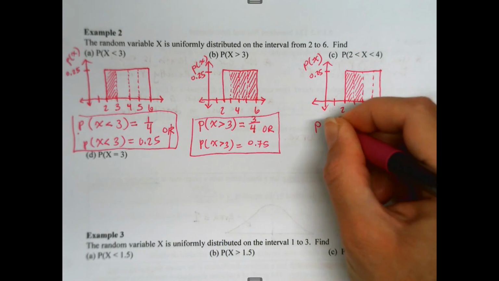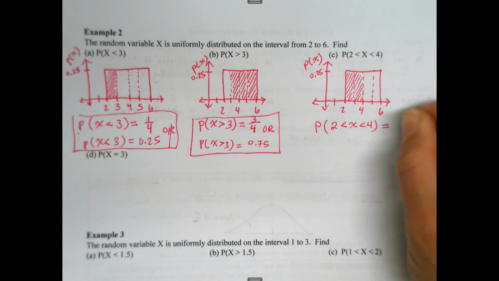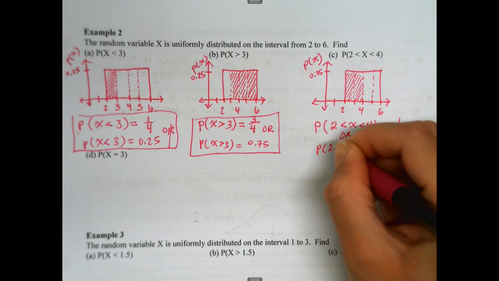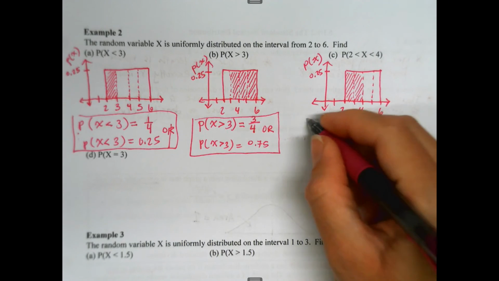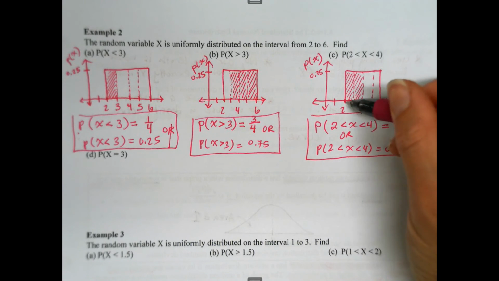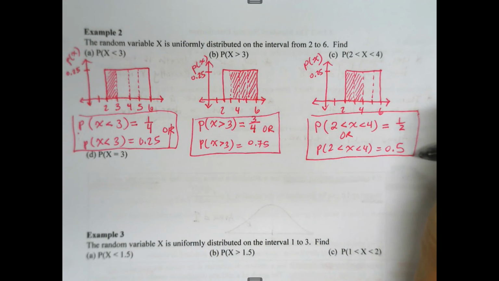The probability that our x value is between 2 and 4 is going to be 1/2 or 0.5. We could take the approach of multiplying again to find that area. 2 on our horizontal axis times 1/4 or 0.25 gives us 1/2 or 0.5.